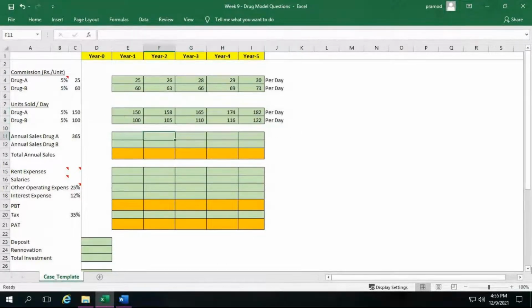So in the drug A year, multiply the drug A year price into quantity into it is per day 365. Same manner, drug B into drug B into 365.